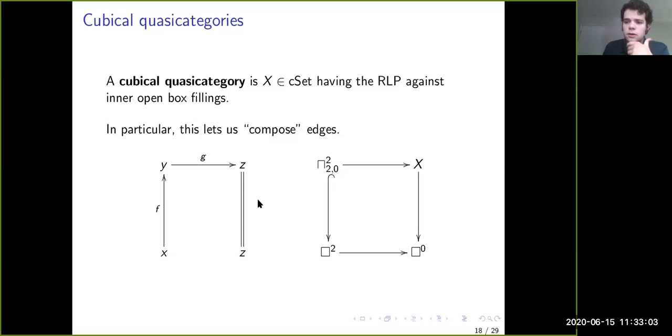So this is an inner open box. And so this diagram that you see here will have a lift. So we can extend this map to a map from the standard 2 cube into X. So in particular, that gives us this edge here from X to Z. And then the interior of this 2 cube, we think of as witnessing this edge GF as a composite of F followed by G.